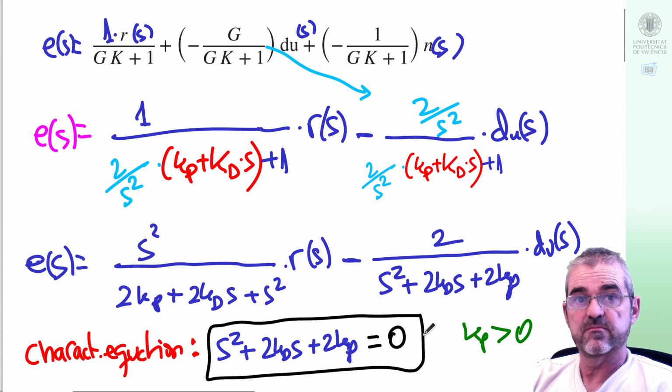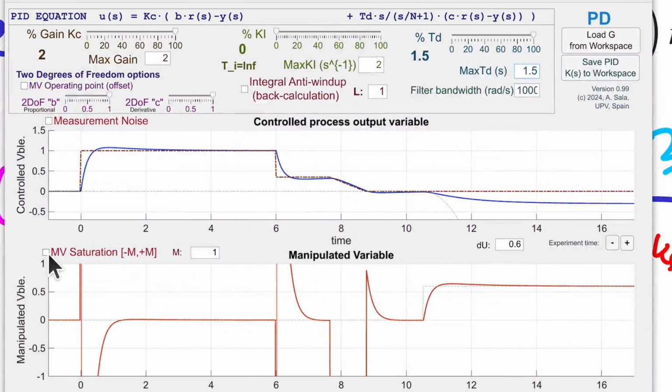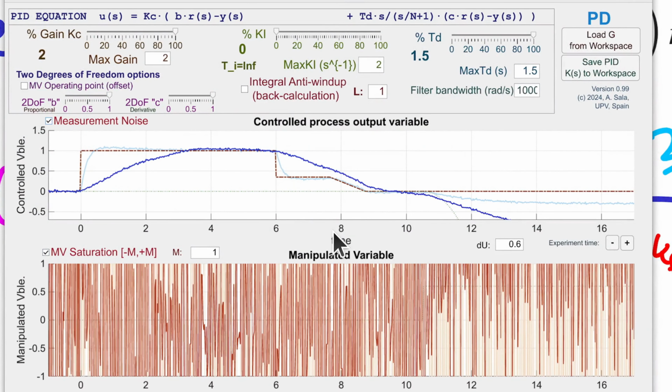We discovered that with strictly positive proportional and derivative gains, the loop was stable, and if the derivative gain was low, we had oscillations that took a long time to disappear, and if the derivative gain was high, we had real poles, a non-oscillatory, stable transient.